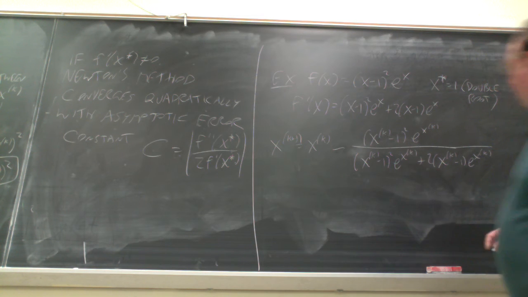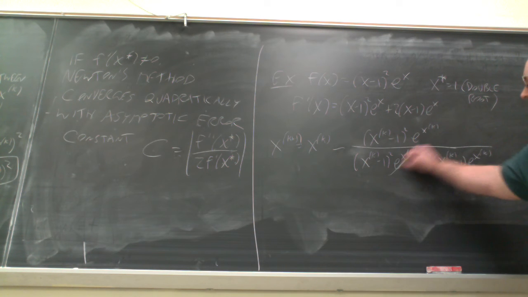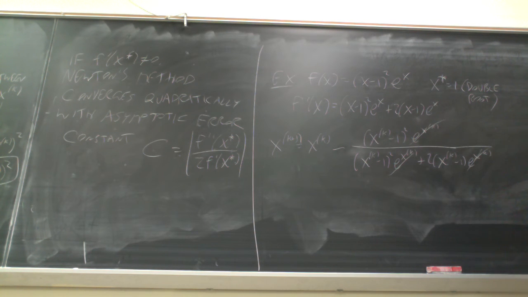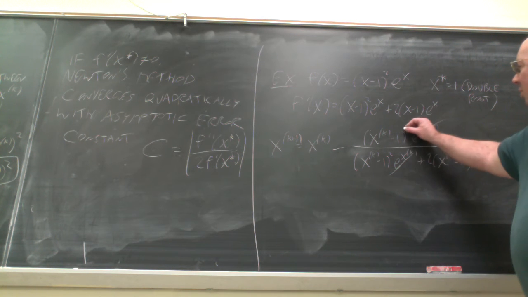Kind of a mess, but we can simplify this a lot very quickly. Because notice, every term here, top and bottom, has an exponential. Gone, gone, gone. Every term, above and below, has at least one factor of xk minus 1. So we'll cancel one of them.